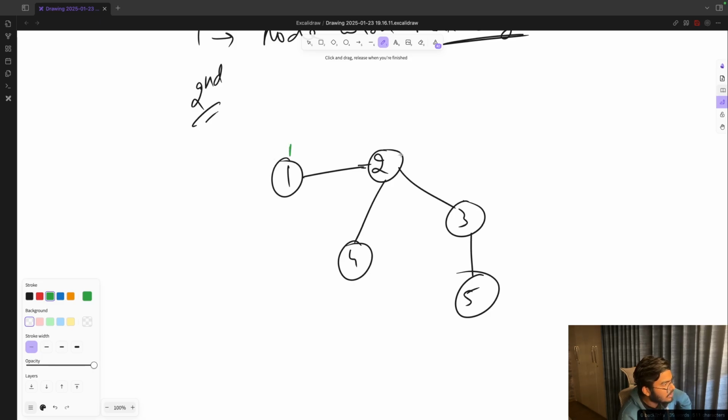This is degree of 1, this is degree of 3, 1, 2, and 1, right? So whenever we are deleting any node, let's say we are deleting this node, how many connected components are we getting? If I delete this node, I am getting 2 connected components. Let me write it with the red color, right?